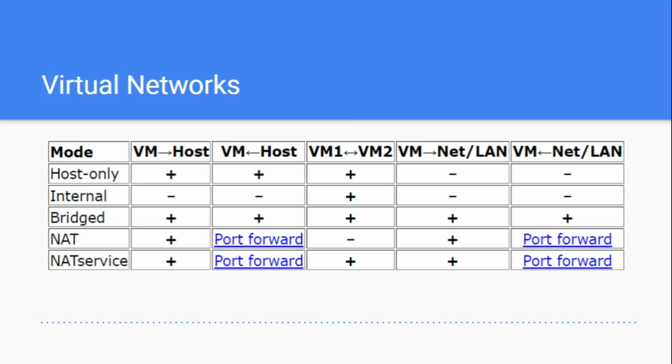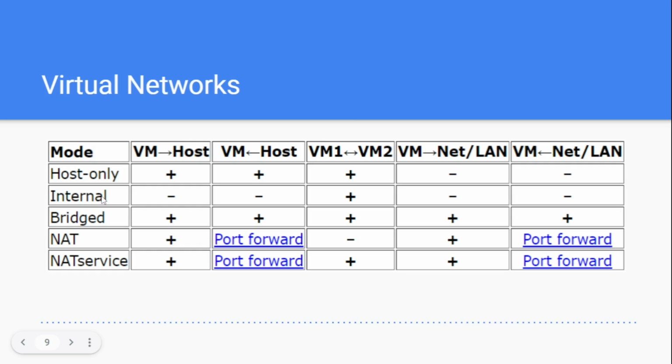Show Status Bar. VirtualBox has different network modes, and each mode has a different configuration. For example, in host-only, notice that the VM has communication with the host. And we also have communication between VMs, but there is no communication between the VM and the internet or the physical network.